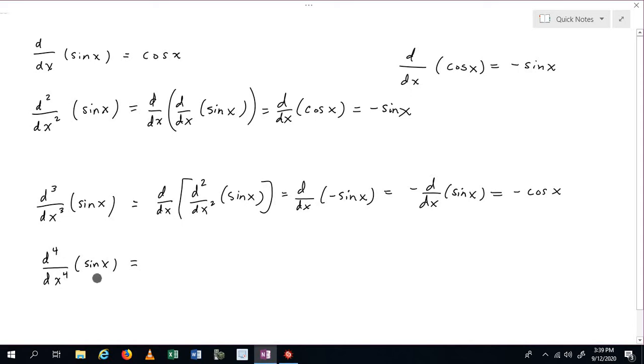What about the fourth derivative of sine of x? Well, that would just be the derivative of the third derivative of sine of x. And of course, we know the third derivative of sine of x is minus cosine of x.